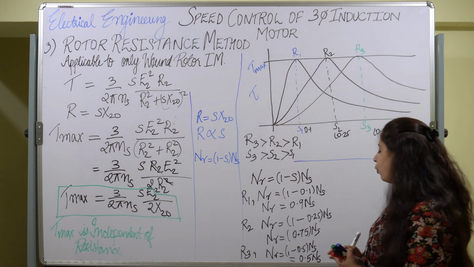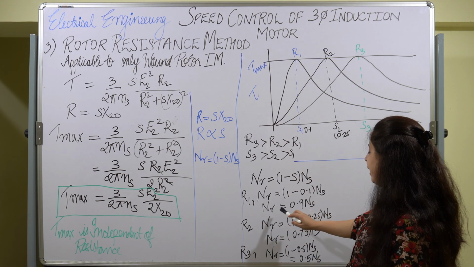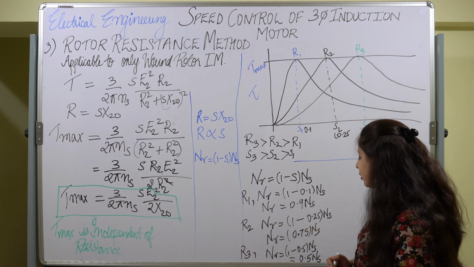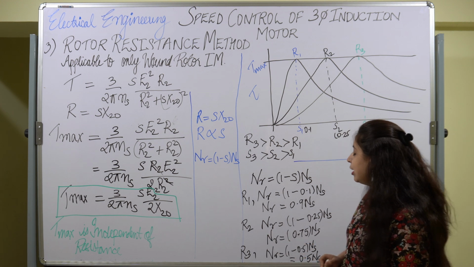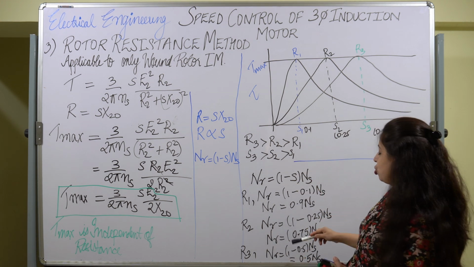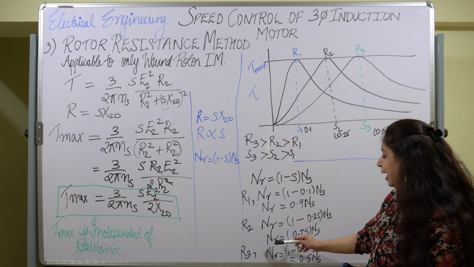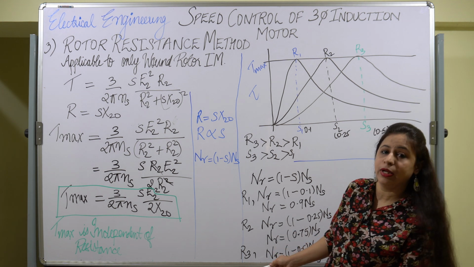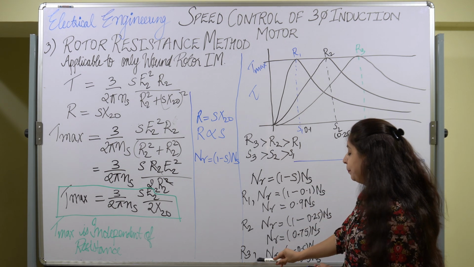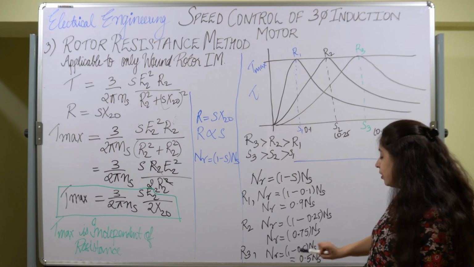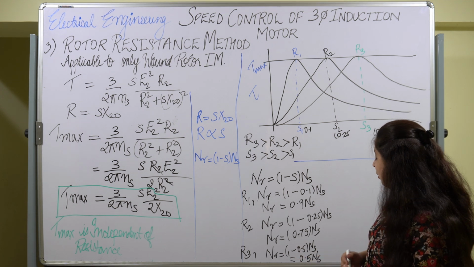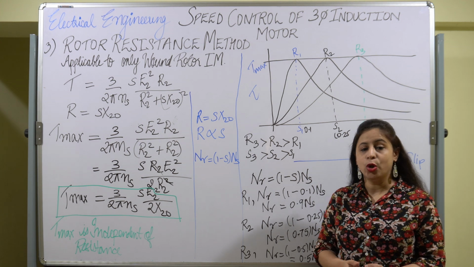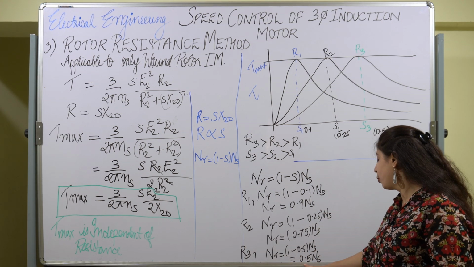So ultimately, what I am seeing here is, in the first case NR was 0.9 NS, the factor was a little bit greater. Then as my resistance increased, my slip also increased, so my factor decreased. Then my NR decreased by the factor 0.75. Then again, when my resistance increased, my slip increased, but my NR decreased by 0.5 factor, because it has become NR equals 0.5 NS.